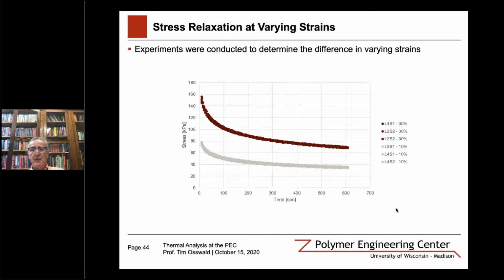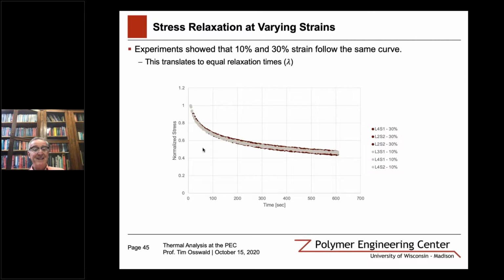Here we have a relaxation curve at 30%. Obviously, 30% strain gets a higher initial stress, 10% a little lower initial stress, and we can normalize it to the maximum stress, and we can see that this natural rubber material, no matter if you deform it a lot or a little bit, has the same relaxation behavior.